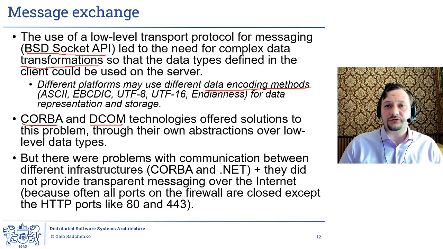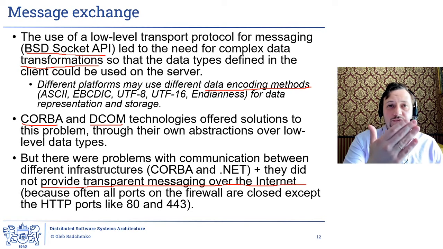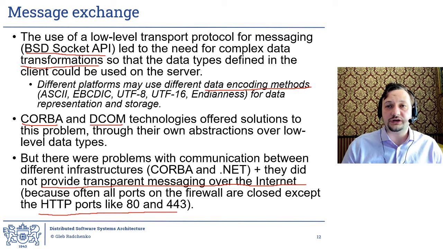Especially, they did not provide transparent messaging over the internet, because often all the ports on the firewall of the server or the client were closed except the HTTP ports, like port 80 or port 443, to accept and organize communication using HTTP connections.